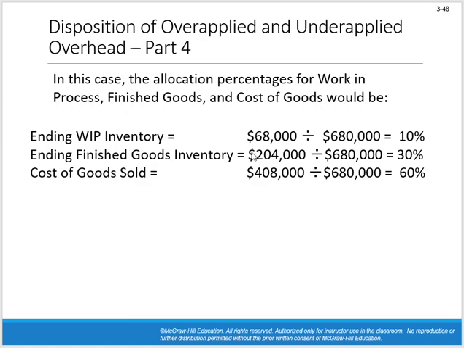So if you add 68, 204, 408, we should get 680,000. So if we find the percentage of each of them, so 68,000 divided by 680,000 is 10%, 204,000 divided by 680,000, 30%, 408,000 divided by 680,000 is 60%. So the over-applied overhead in this case, the 30,000, we're going to split up using these proportions.